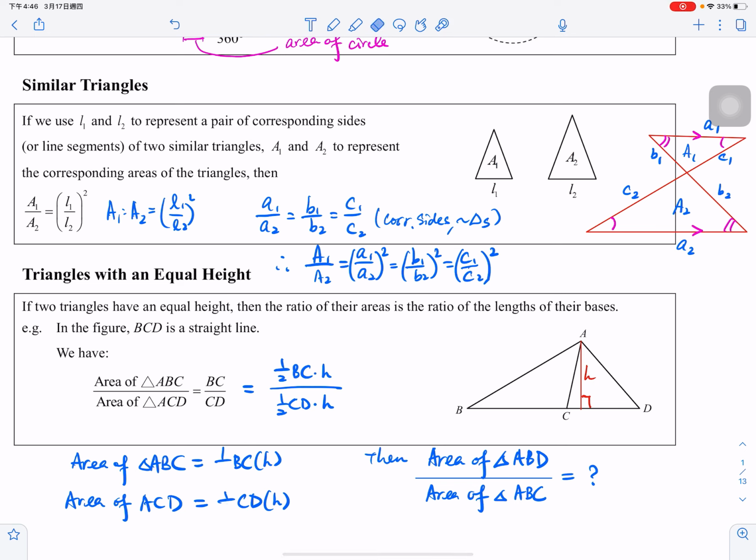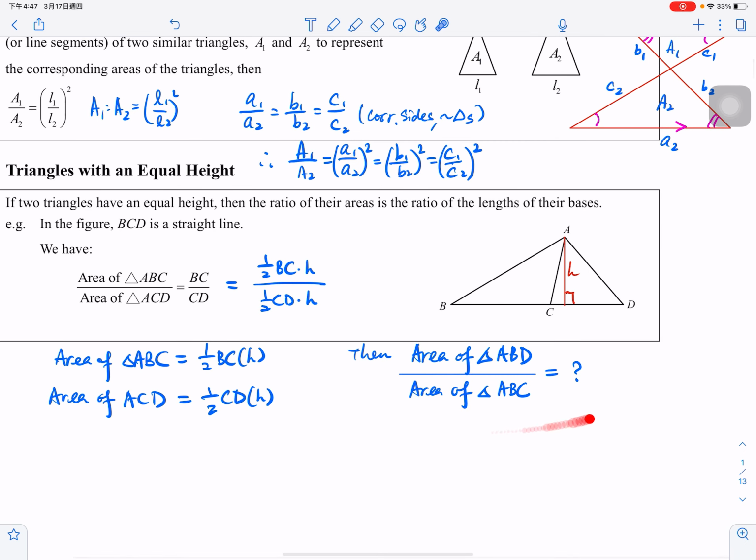Then simplify: no more 1 over 2, no more h, so you find that the ratio is BC over CD. So if we have two different triangles with the same height, the ratio of their areas just equals the ratio of the lengths BC to CD.